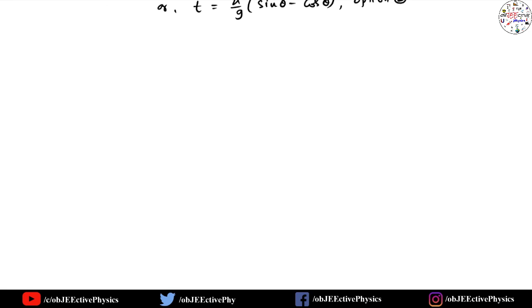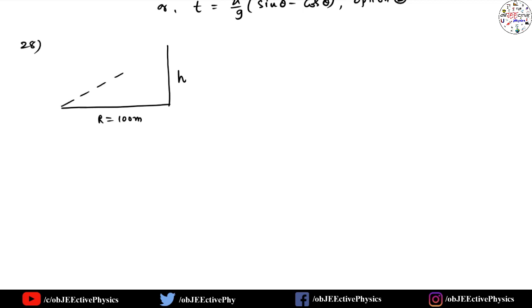Next, 28th question. A bullet is fired with a speed of 1000 meters per second in order to hit a target 100 meters away. If g is equal to 10 meter per second square, the gun should be aimed. Let us assume that the target is at a distance r is equal to 100 meters, and let us assume a height h.